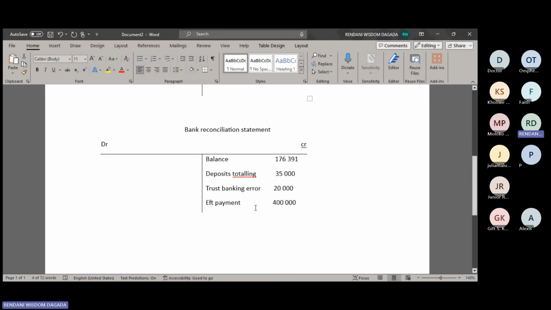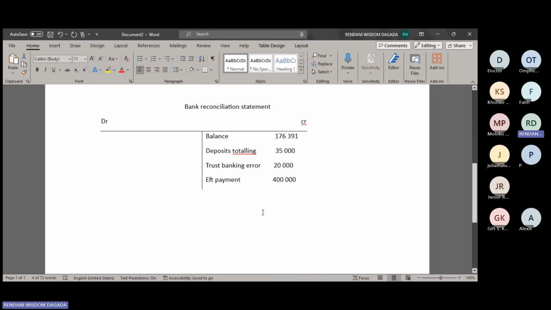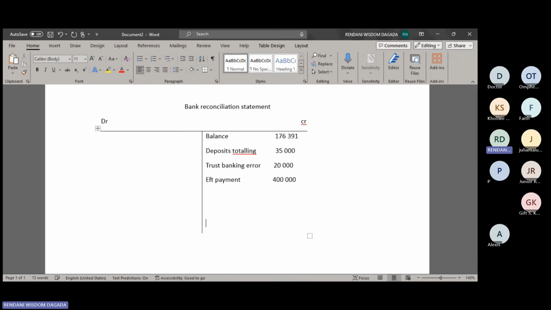Okay, let's go to the bank reconciliation and do the same thing. We look at the debit side, we look at the credit side. Which side has a bigger amount? Obviously, the credit side has a bigger amount. So we're going to say the balance. Now we are going to add up everything that is in that column.